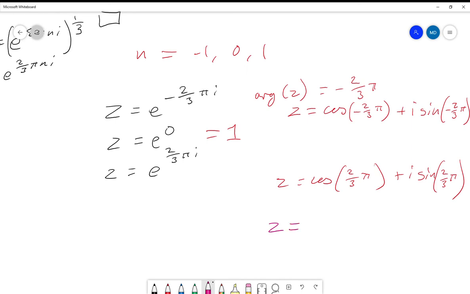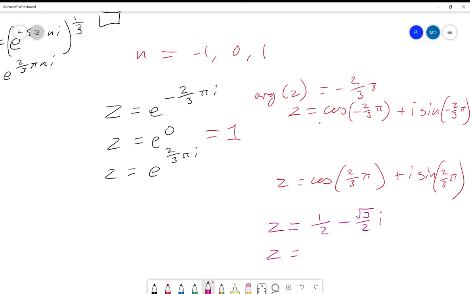But if you want to calculate this as an answer, cosine of -2/3 pi is equal to 1/2, and sine of -2/3 pi is minus √3/2 times i.